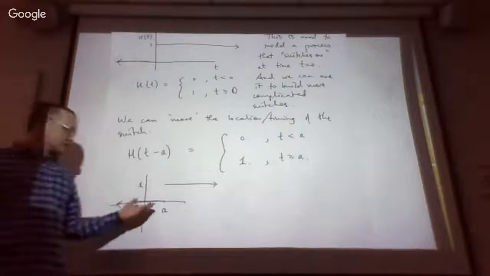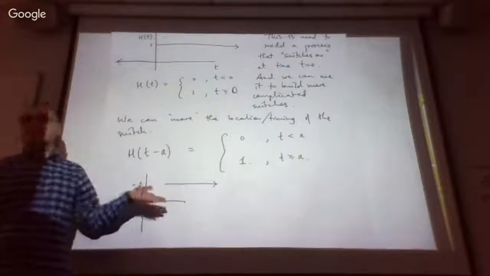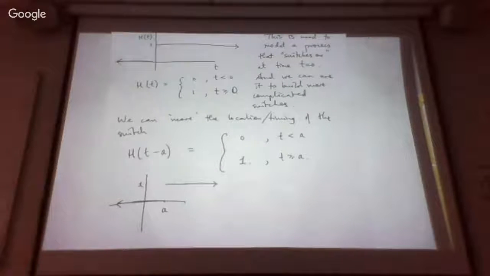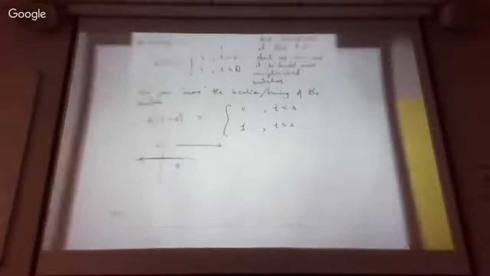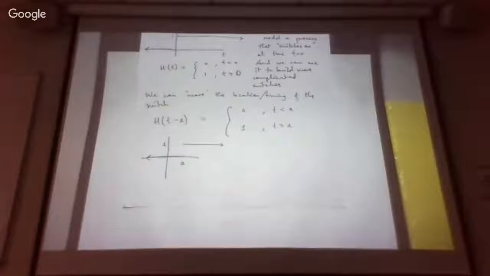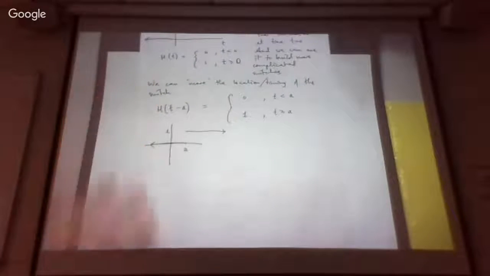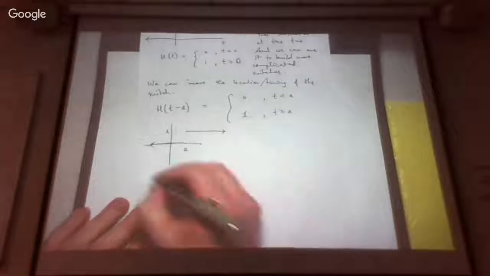And now we've got a switch which is switching on at a different location. Okay, still not looking that complicated, so we can switch something off and on at various times. But this is quite a flexible idea, so there are some further examples here.